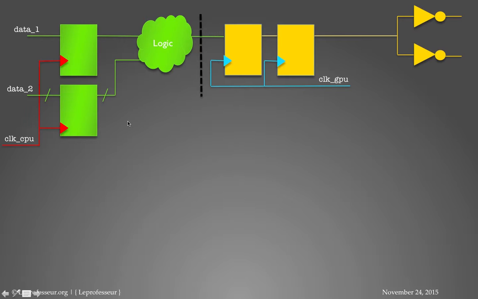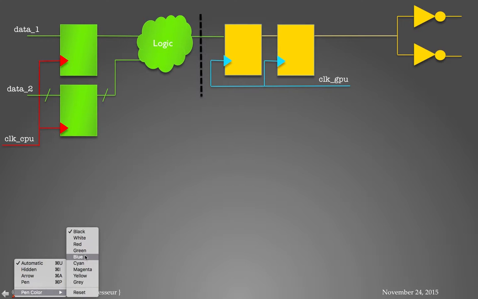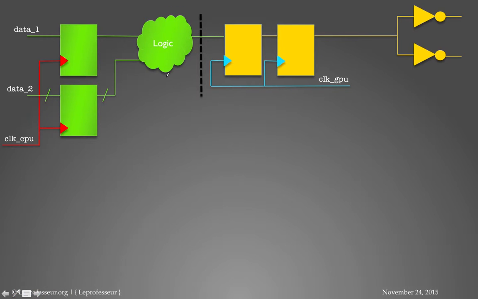Now let's look at another interesting example. For example, you have a synchronizing flip-flop and everything is fine, but from the sending clock domain, that is the CPU clock, you have some combinatorial logic which you are not registering. What can happen in that case? Most of the time people will say, I'm just synchronizing in the receiving clock domain, I don't have to do that. But this is not right.